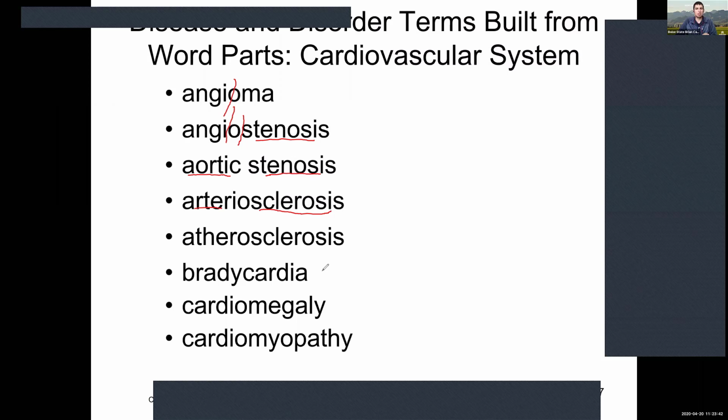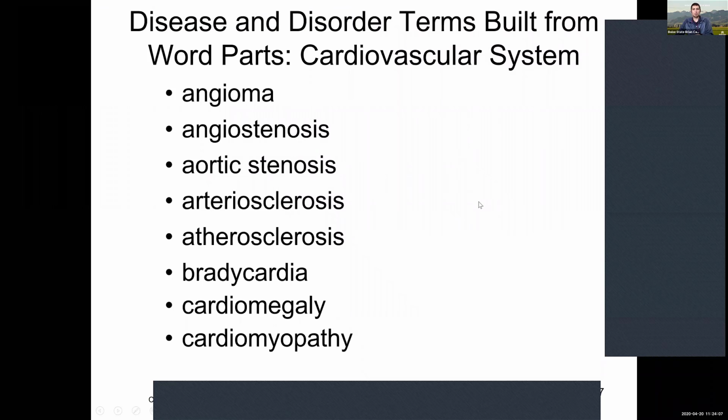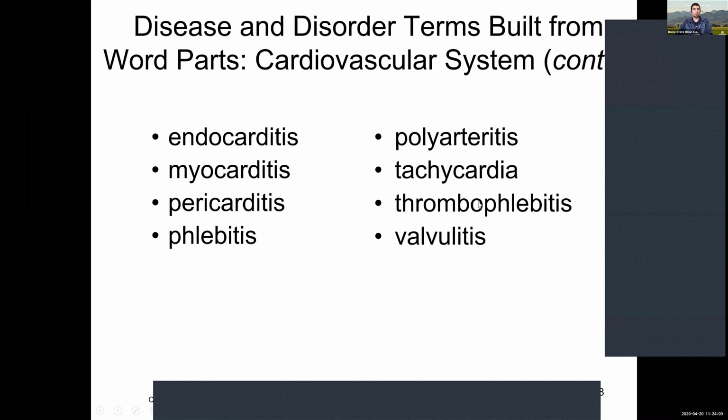We talked about bradycardia, which just means a low heart rate, less than 60. Normal heart rate is 60 to 100, so anything less than 60 would be a bradycardia. And then we see megaly, an increased size of the cardio or cardi, meaning heart. And then myopathy, a disease state of the heart, so cardiomyopathy. And we can continue on going through all of these different word parts as well.